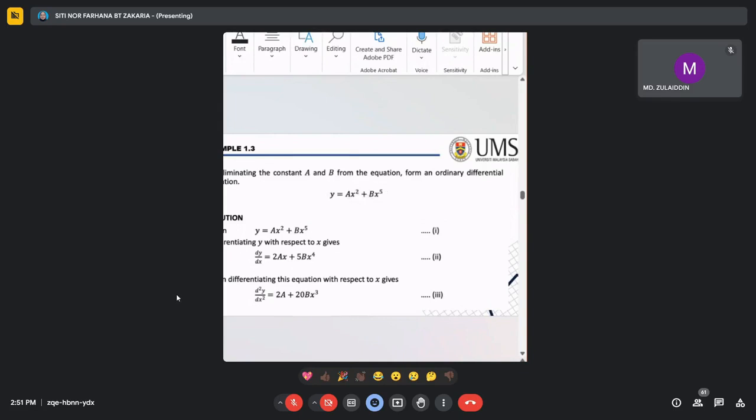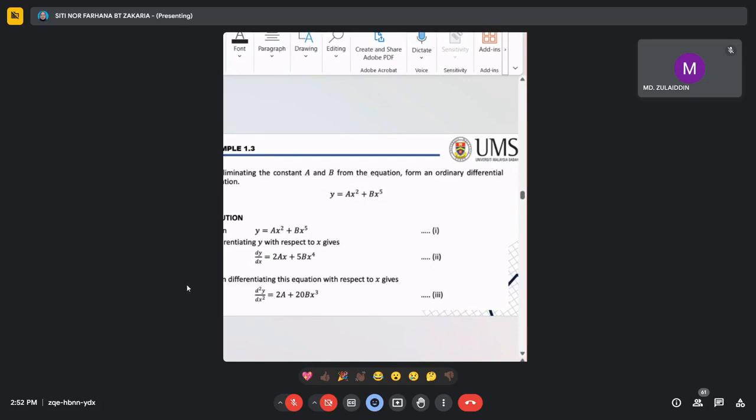So if you get a question asking to find the solution for dE, for example the question asks what is the solution for dE, d power of 2y over dx power of 2 equals to 2a plus 20bx power of 3, the solution is this function.